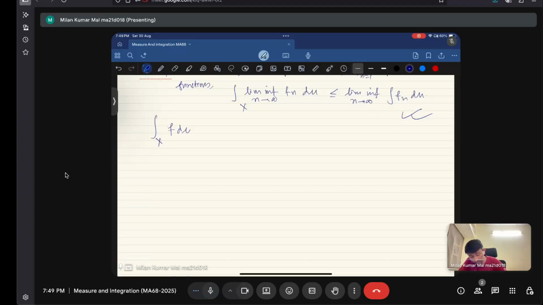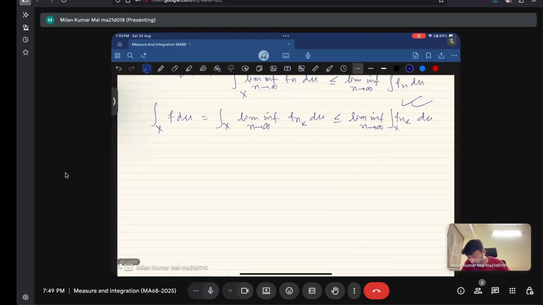So the integral of f d mu is equal to the integral of the limit infimum of f_{n_k} d mu, that is less than or equal to, here using Fatou's lemma, the limit infimum of the integral of f_{n_k}(x) d mu.